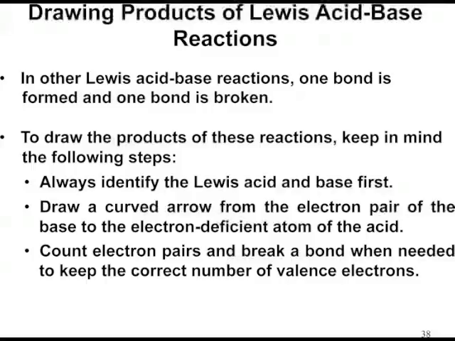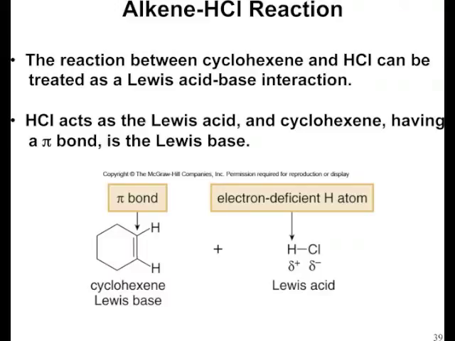In a more complicated type of Lewis acid-base reaction, one bond is broken and another bond is formed. And to draw these reaction mechanisms, we have to identify the Lewis acids and bases first and then use curved arrows.